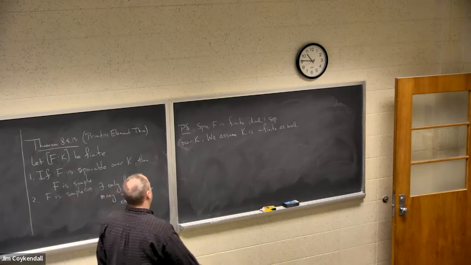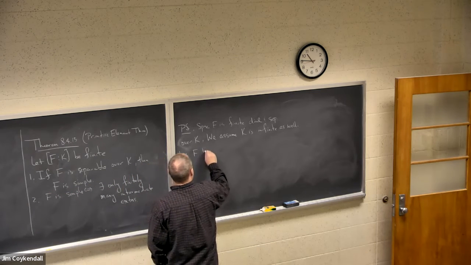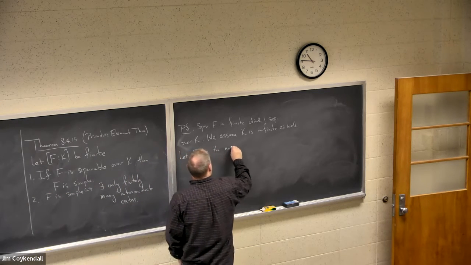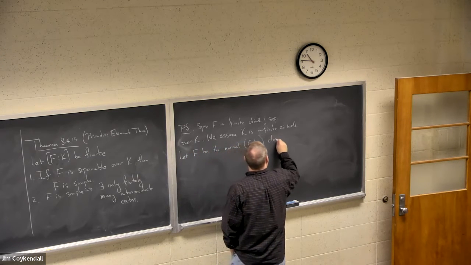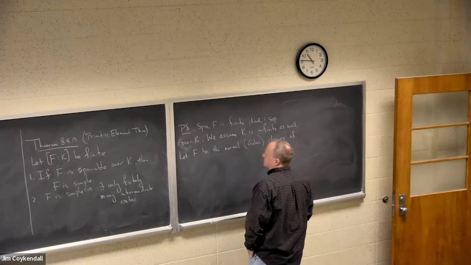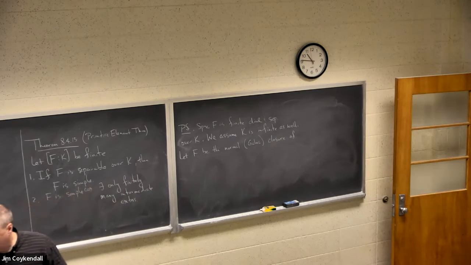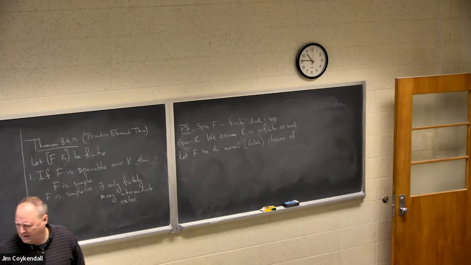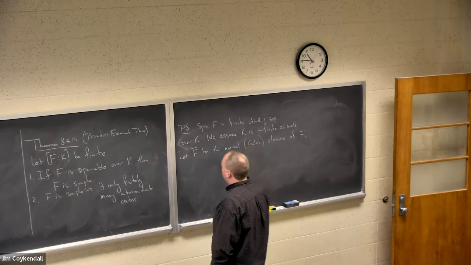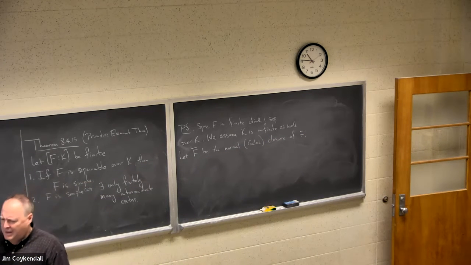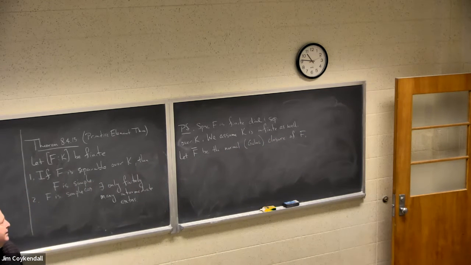So let F bar be the normal closure of F. So in other words, if there are irreducible polynomials in K that don't contain all roots, then throw all the rest of the roots in.